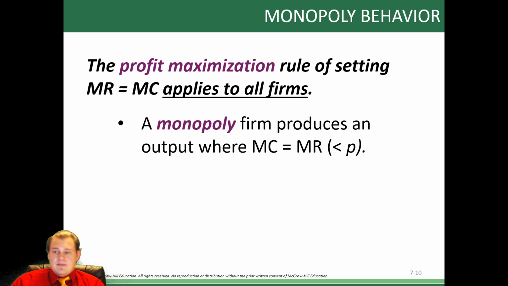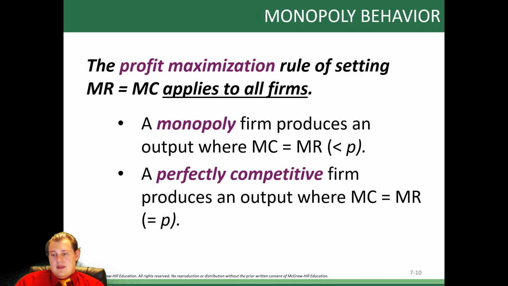A monopoly firm produces an output where MC equals MR. In other words, we only produce if we're going to make more money overall. A perfectly competitive firm produces an output where MC equals MR, and it equals P.